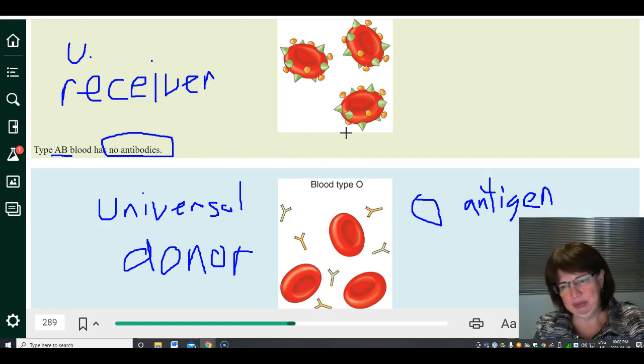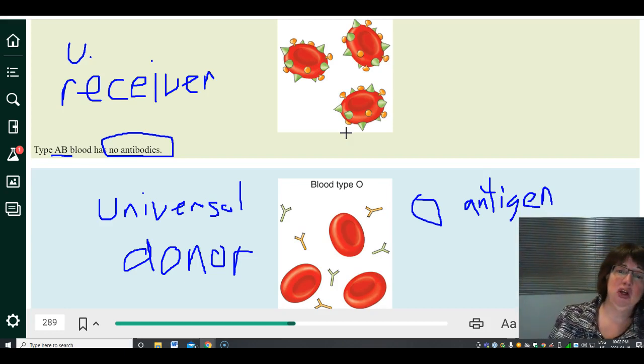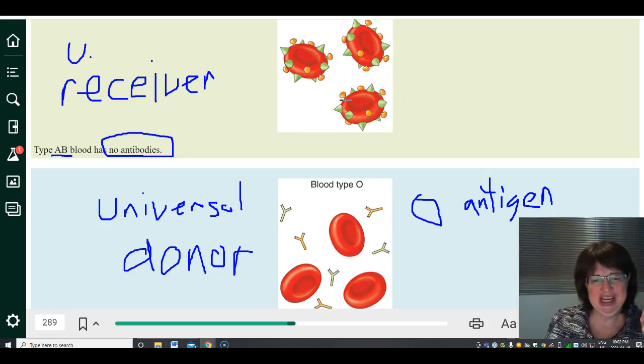And O blood can be given to any blood type because it doesn't have the antigens that would cause agglutination, which is the fancy word for clumping, and you die from it. And AB blood has no antibodies, so it is the universal receiver because it won't attack anything.